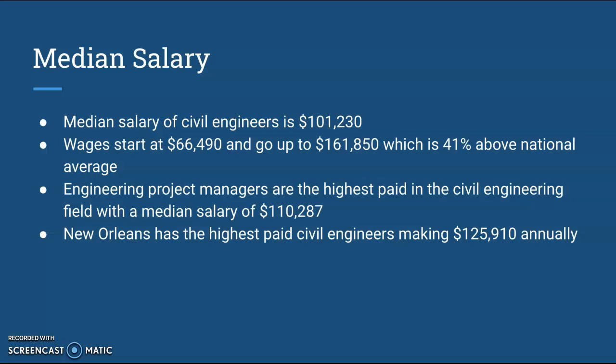Moving on, we have the median salary. The median salary of civil engineers worldwide is about $101,230. Wages can start at a minimum of $66,490 and can go all the way up to $161,850, which is above national average by 41%.